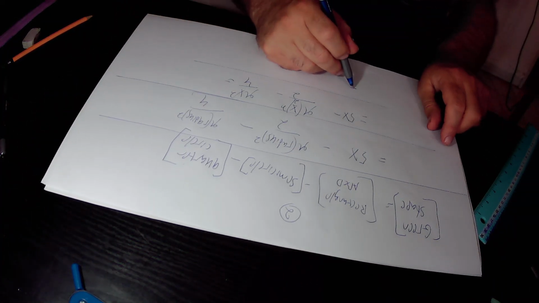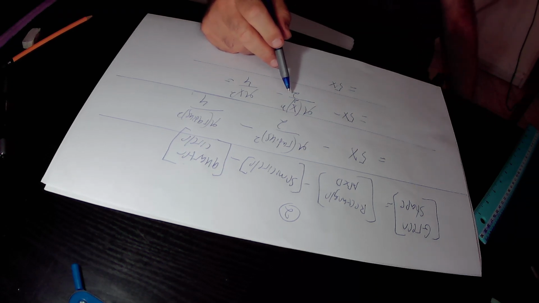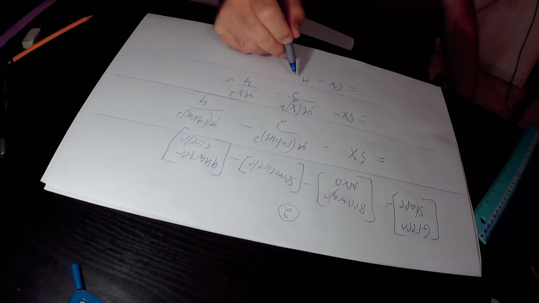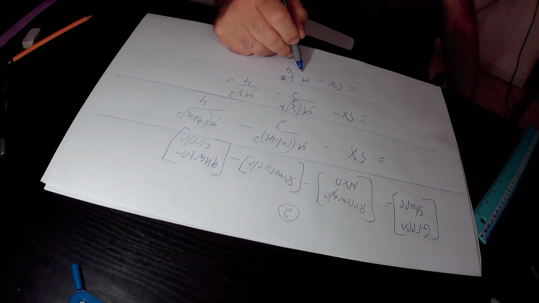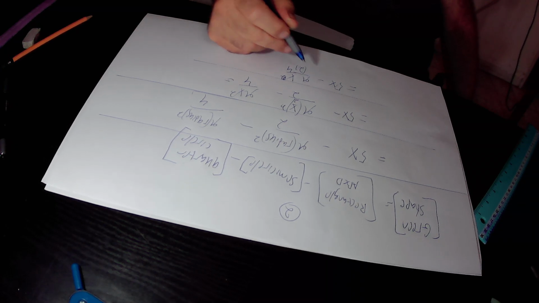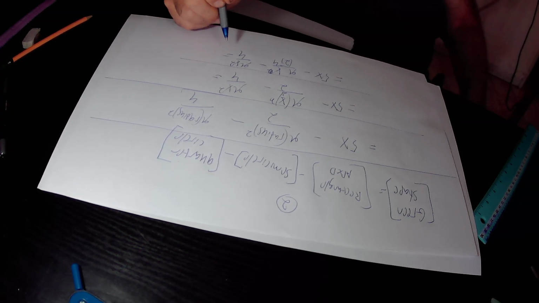So the area of the green shape equals 5x. Here we have pi times x over 2 squared, which is pi times x squared over 4, divided by 2, minus pi x squared over 4.